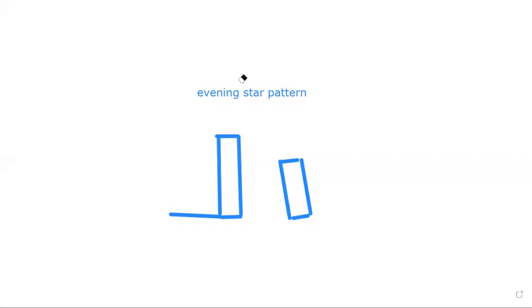Yes, ma'am. The evening star pattern is a bearish reversal candle pattern that also consists of 3 candles. Full stop.